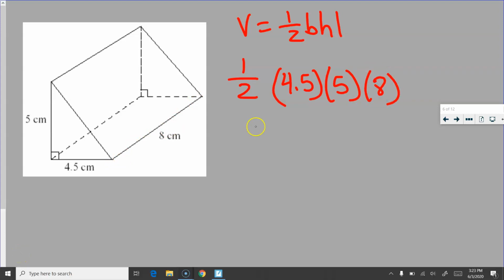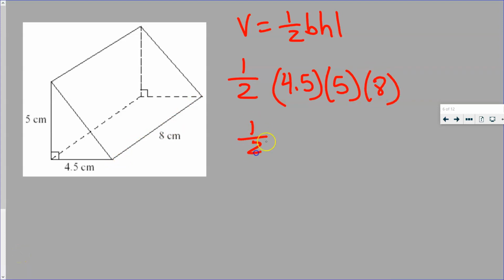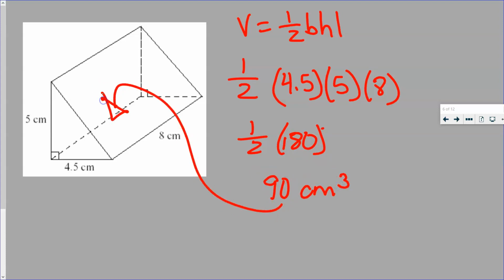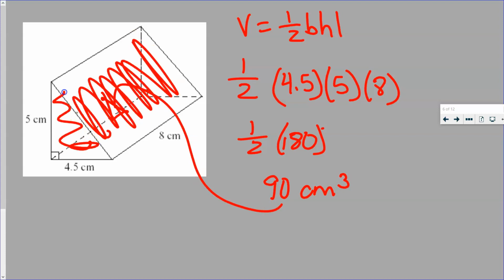And that gives us 1/2 times 80, or sorry, times 180, which gives us 90 centimeters cubed is the volume of this. So it's everything inside. Okay, we're not talking about these faces anymore. We're talking about in. Fills up the whole space inside.